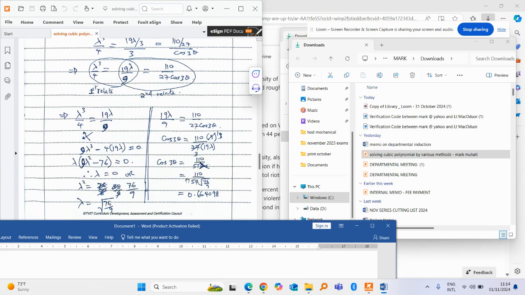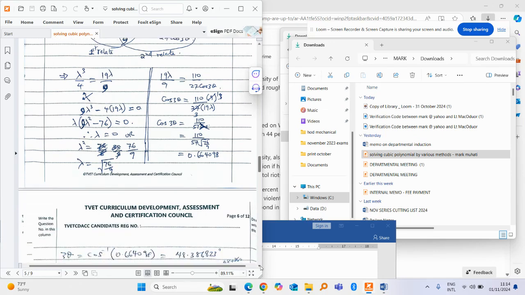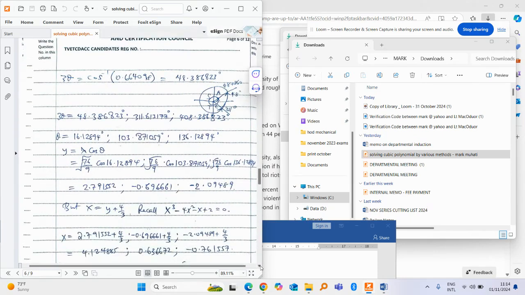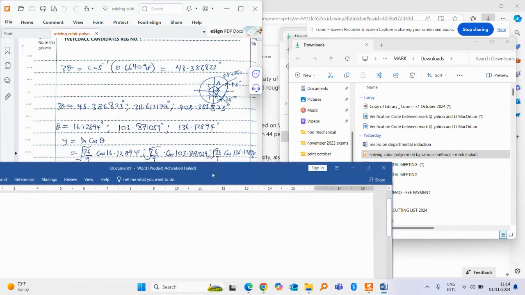Obviously when you do the multiplication, we're going to get cos theta is 0.64099.